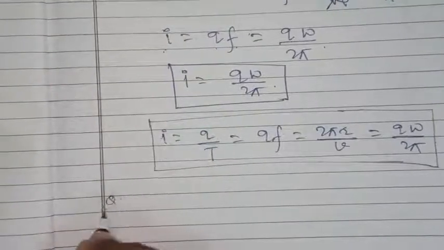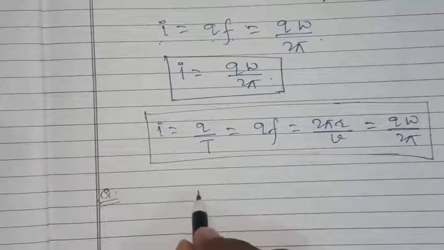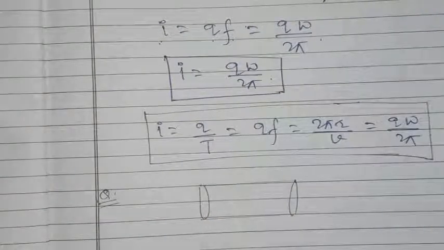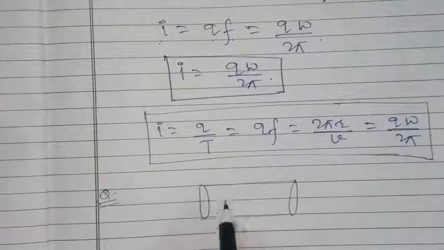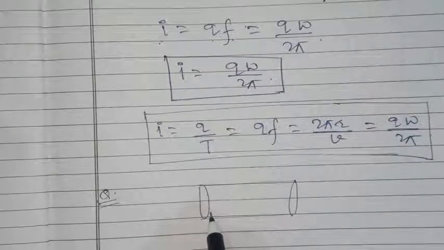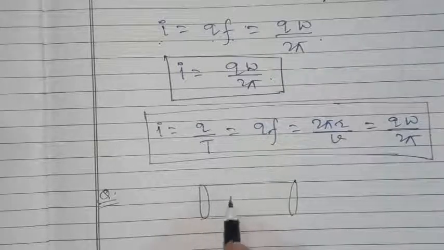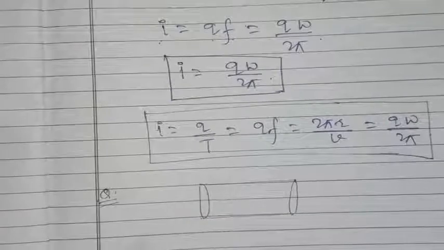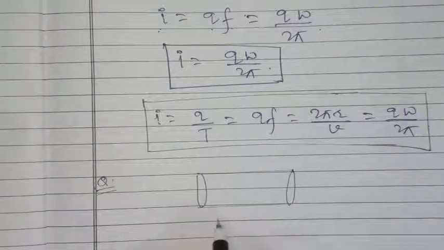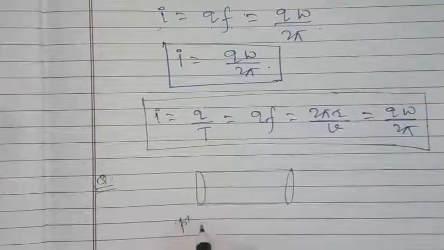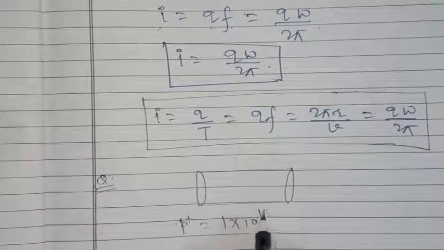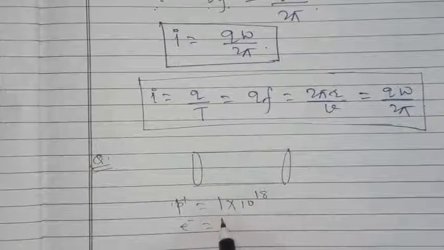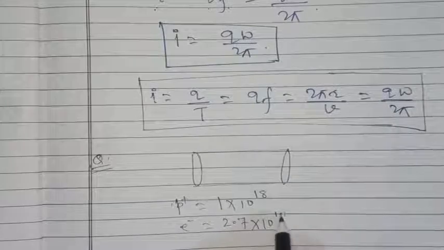Students' question is: in a hydrogen tube, number of protons drifting per second is equal to 1 into 10 to the power 18, and number of electrons drifting per second is equal to 2.7 into 10 to the power 18 in opposite direction.